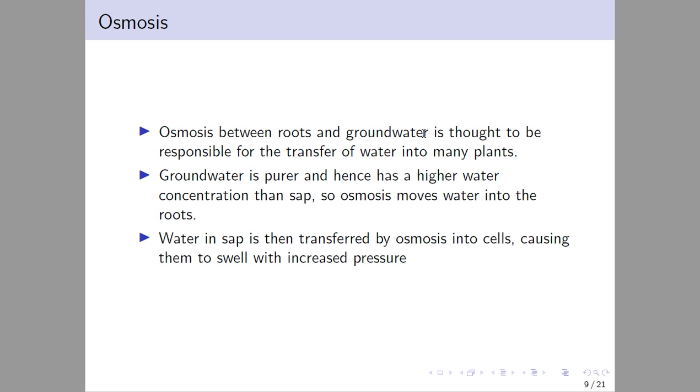Osmosis between root and groundwater is thought to be responsible for the transfer of water into many plants. Groundwater is purer and hence has a higher water concentration than sap. So osmosis moves water into the root, then water in sap is transferred by osmosis into cells, causing them to swell with increased pressure. Okay, so this is osmosis.